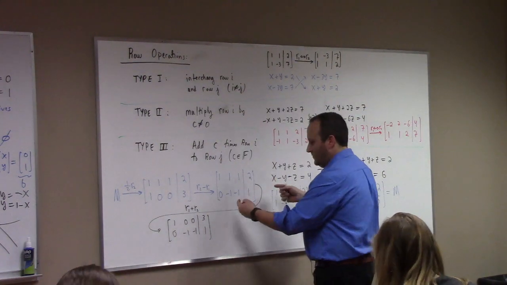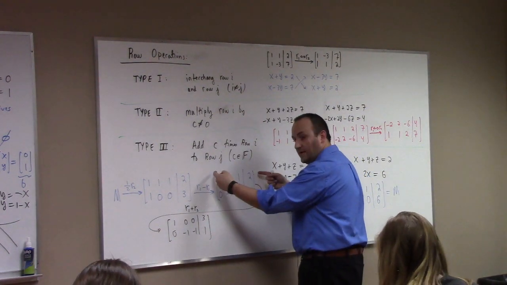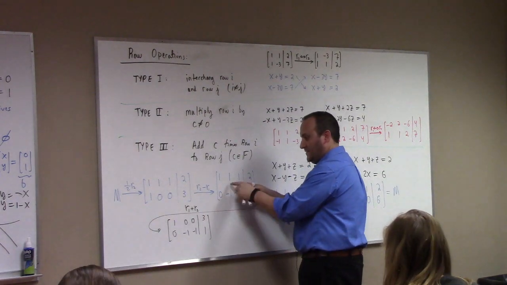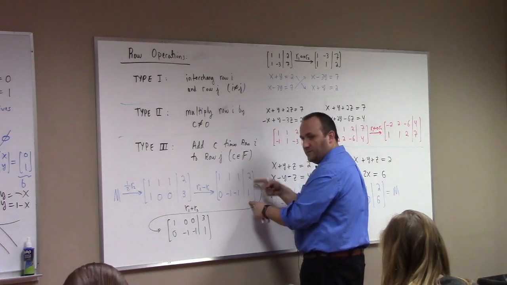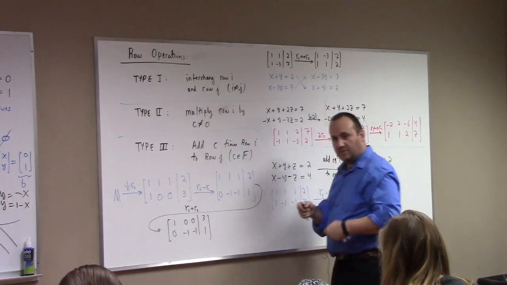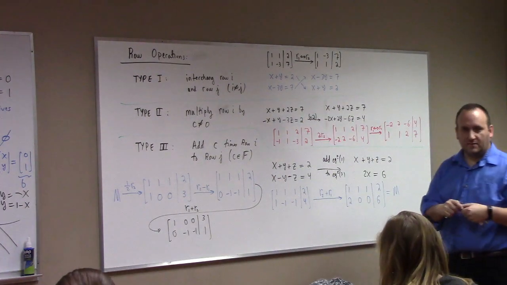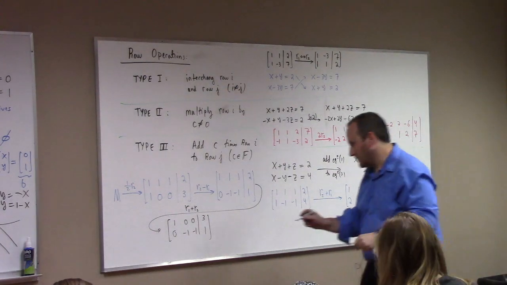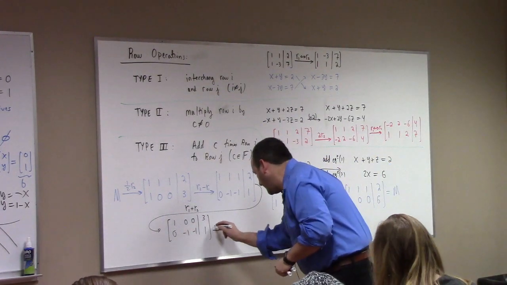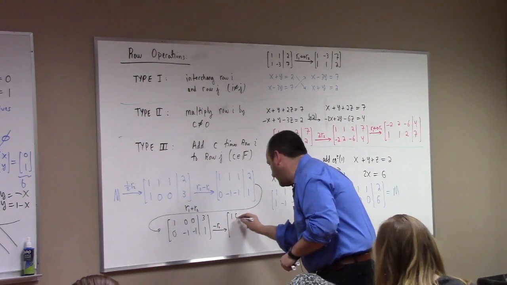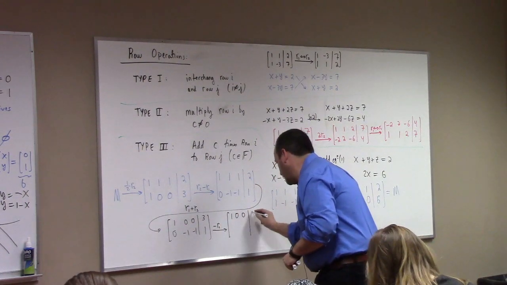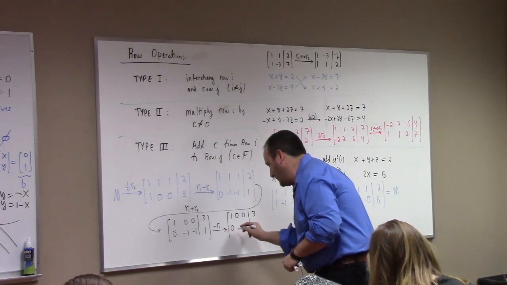If I add row 2 to row 1, right, then it will cancel this 1 and 1 and leave me 0, 0. 2 plus 1 is 3. 1 plus 0 is still 1. And then one more move. Yeah, multiply row 2 by minus 1. And that will give me this. The reason I'm doing all this is just to introduce a result.